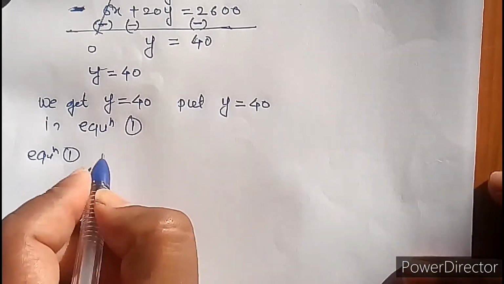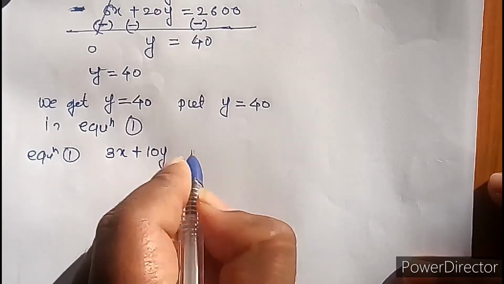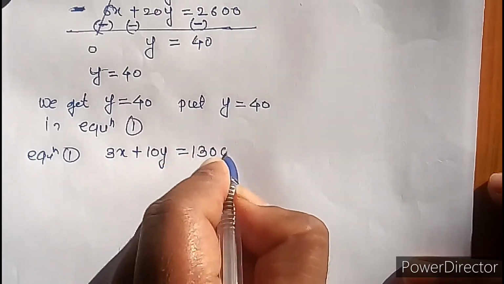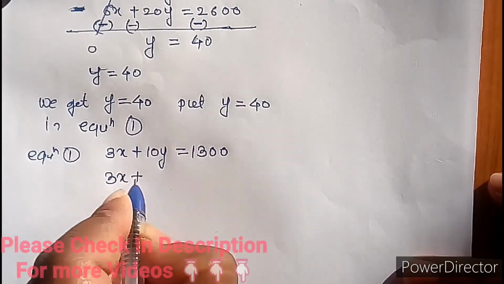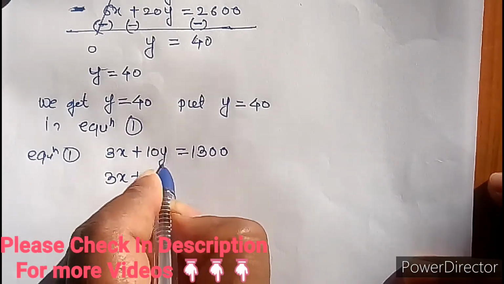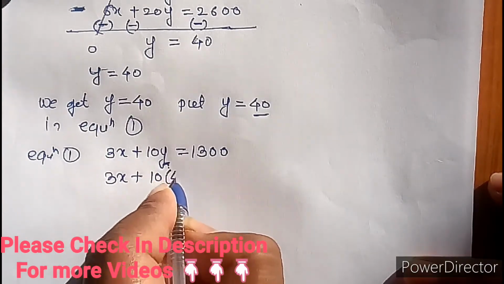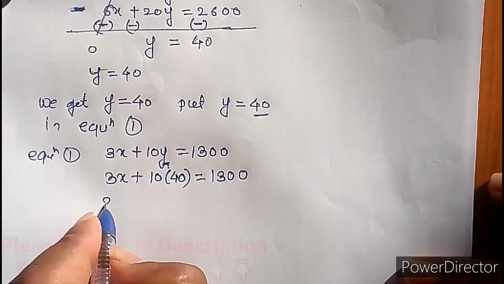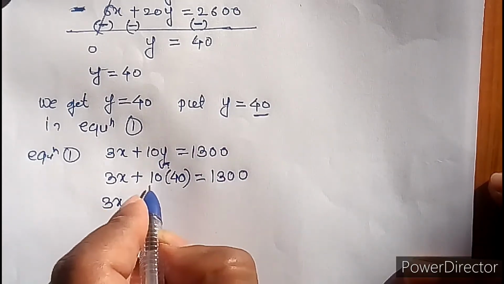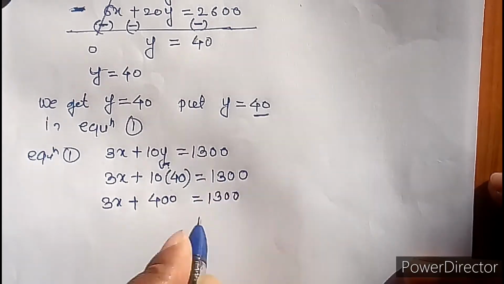Put 3x as it is, plus as it is 10, and instead of y put 40. So 3x as it is plus 10 into 40, that is 400, equals to 1300.